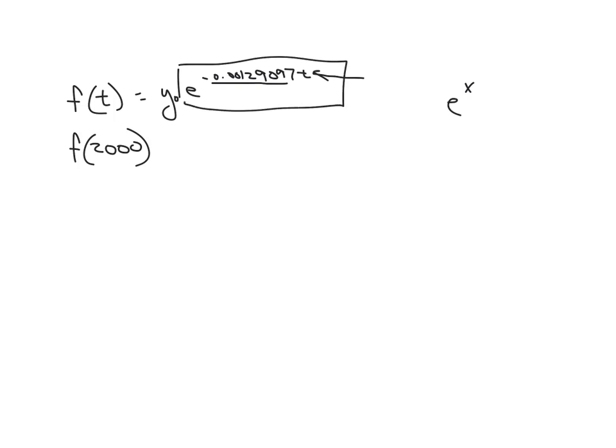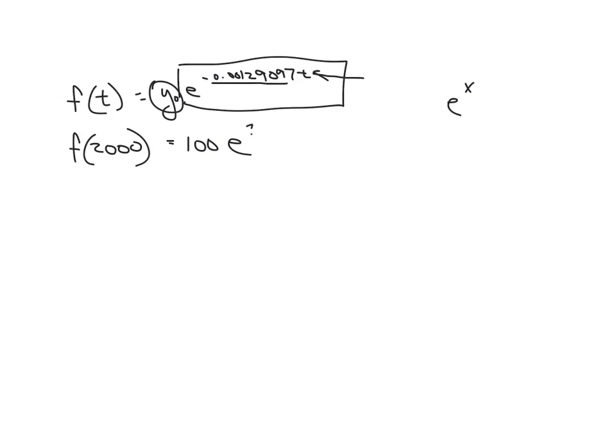Now, what about the y-naught? The y-naught is the original amount of carbon-14. So that number is going to be 100. So we're going to get 100, and we're going to multiply it by e to that power that we had up here.